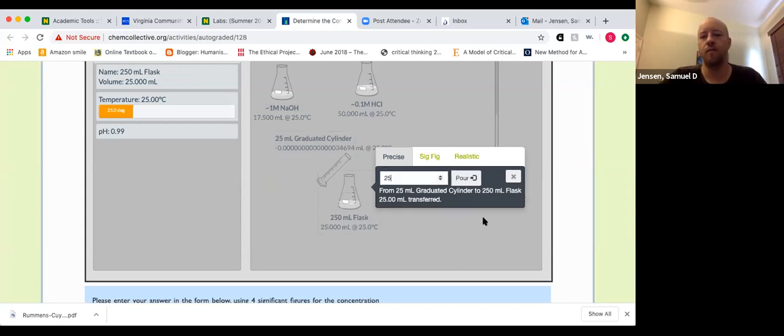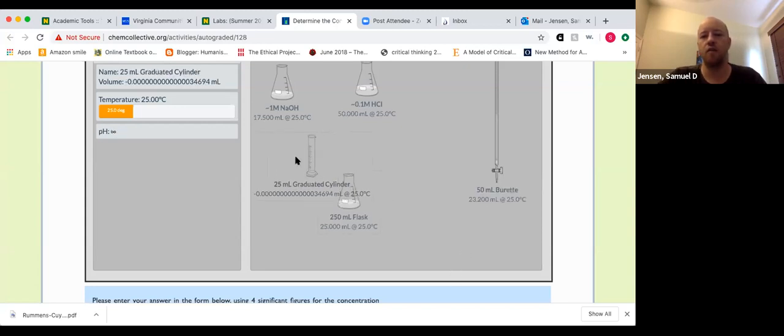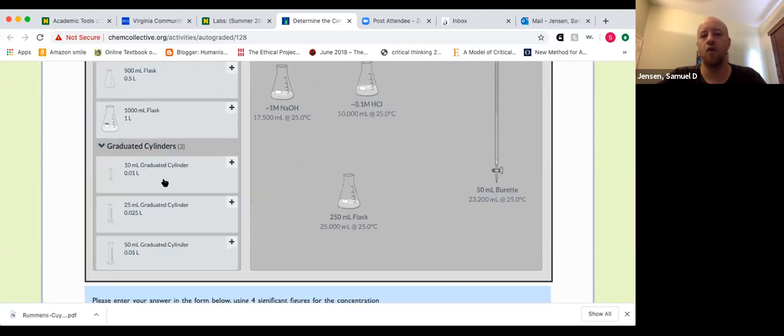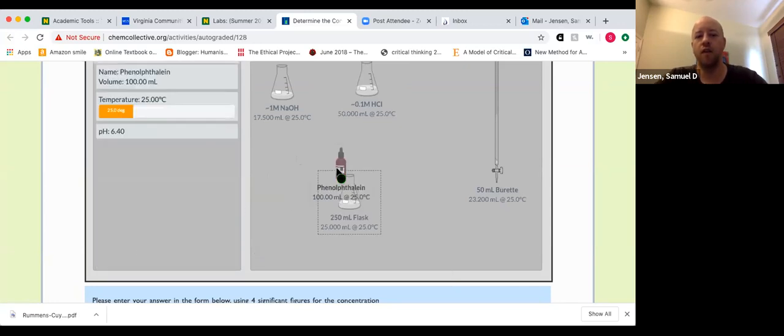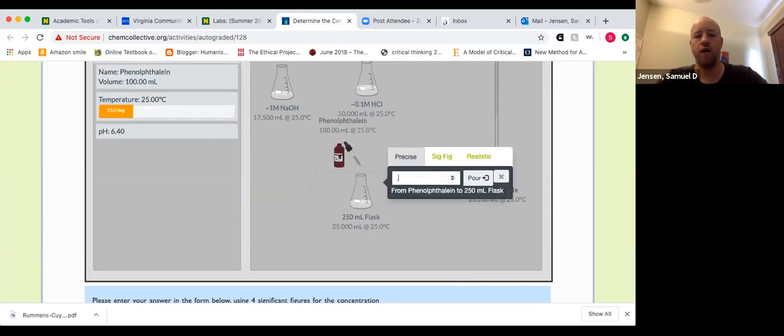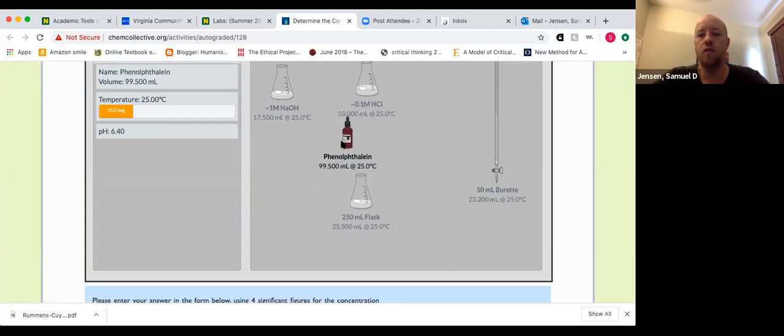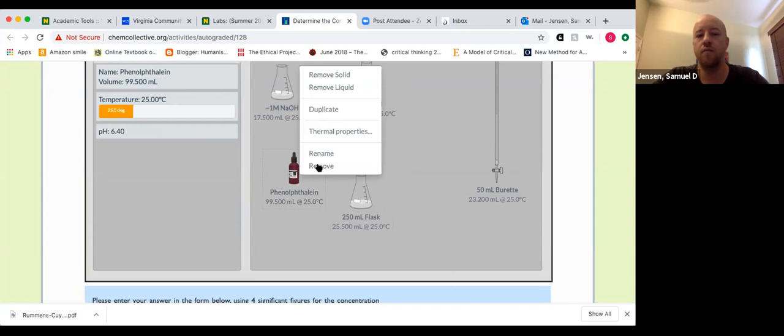So if we measure out our volume and then add some phenolphthalein to it, again 0.5 milliliters for the phenolphthalein, we have an acid sample that's ready to go.